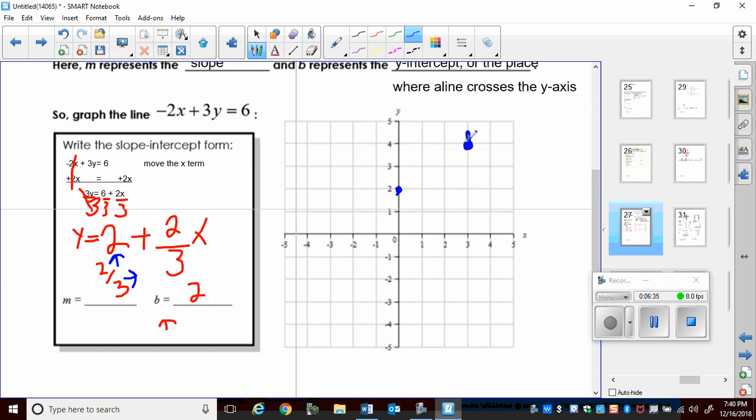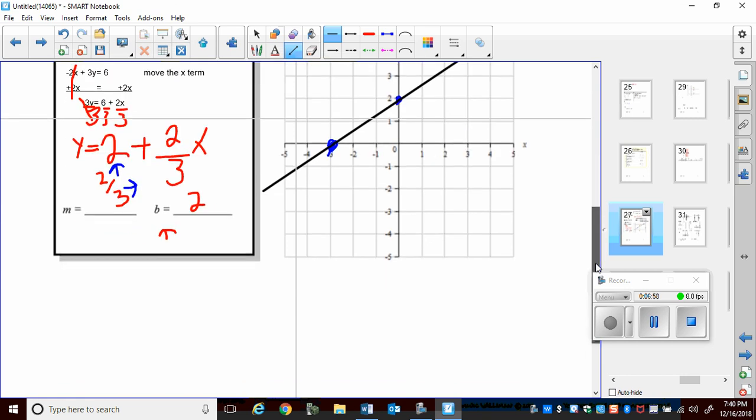If I'm going to go back the other way, I go down 2, left 3, and make a point. Then I create my line going through these points. So here's my line, and I'm done.